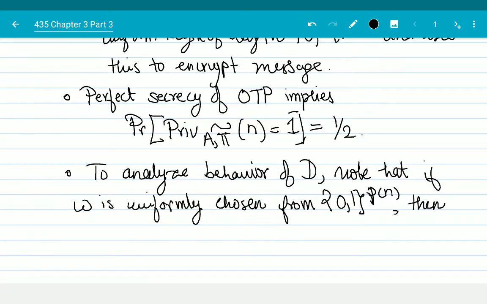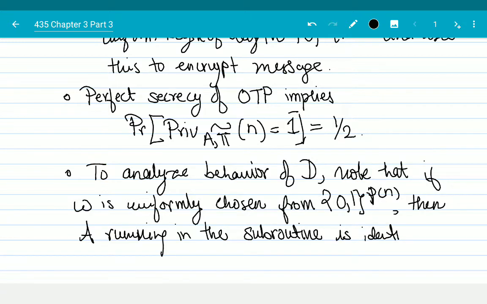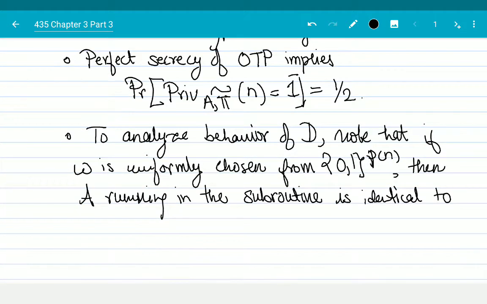Therefore, then A running this experiment in the subroutine is identical to the private key encryption of A pi tilde n.